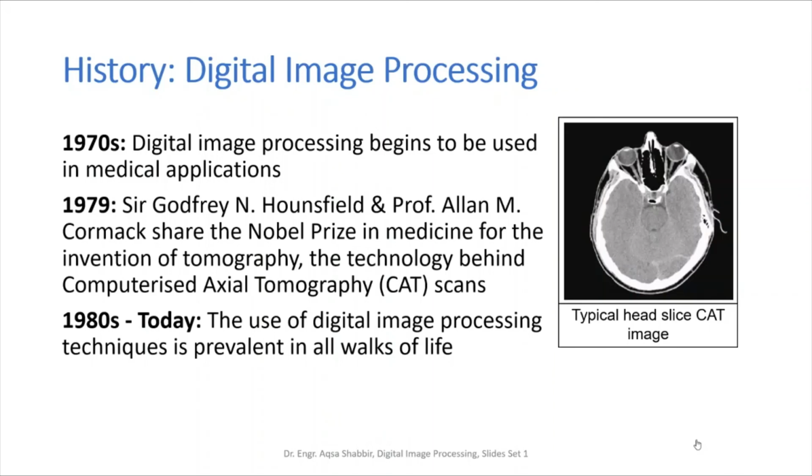From the 1980s till today, the use of digital image processing techniques, their development, their analysis, their application is only becoming increasingly more important. Today, digital image processing techniques and their application are prevalent in all walks of life, and this is what renders digital image processing a very important subfield or sub-area in electrical engineering, computer engineering, and even other engineering disciplines.